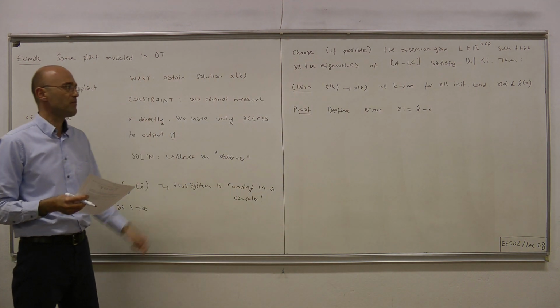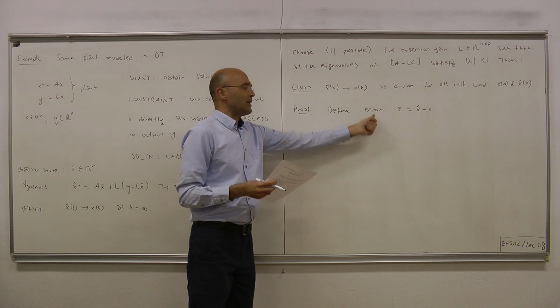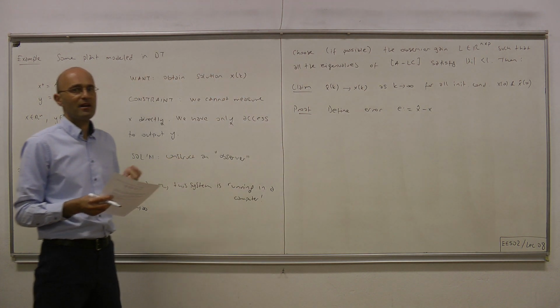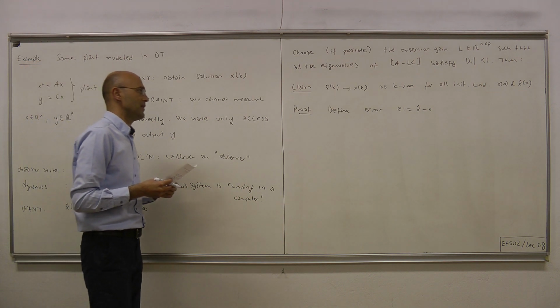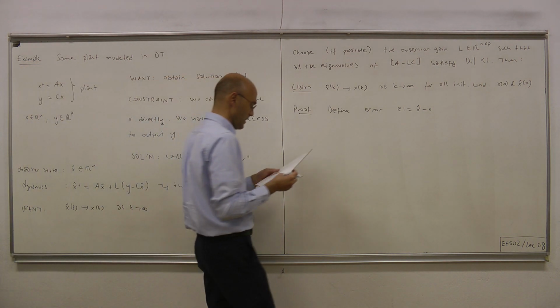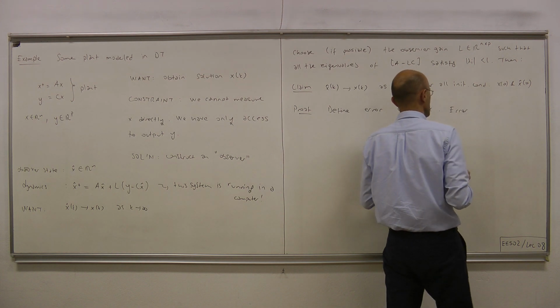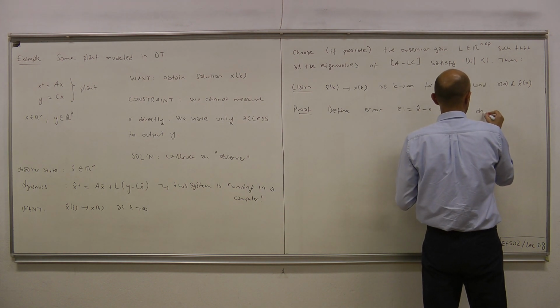Okay, so the difference is what we're calling the error. And once that error vector is defined, we start analyzing its dynamics. So the next question is, what are the so-called error dynamics?